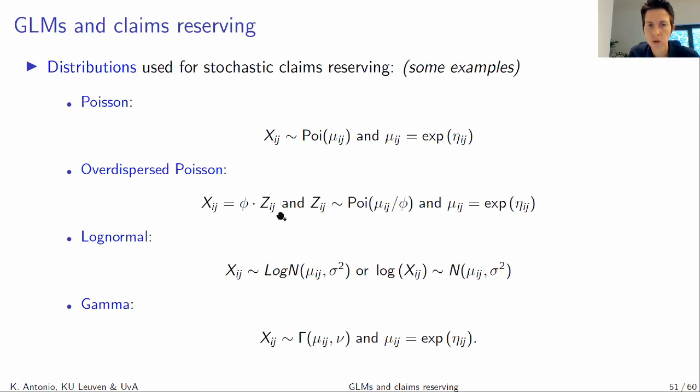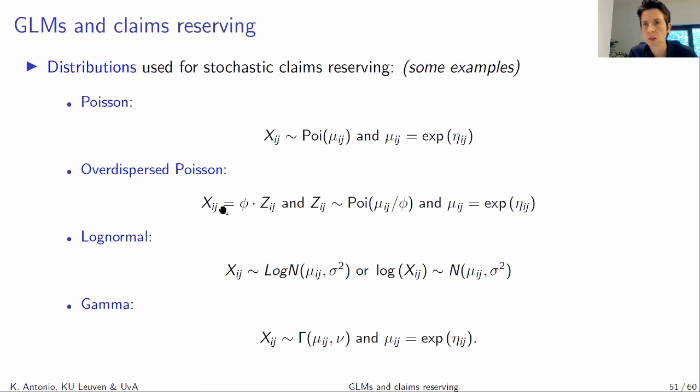And you need to make a draw for Z, where Z is coming from a regular Poisson distribution with as the mean mu divided by phi. And this is something you can do with rpois, the random generator from a regular Poisson. So you generate a value for Z, you multiply it with phi, and that would give you the draw from this over-dispersed Poisson distribution. That's how you would do it.